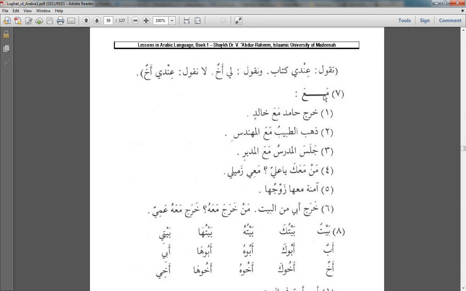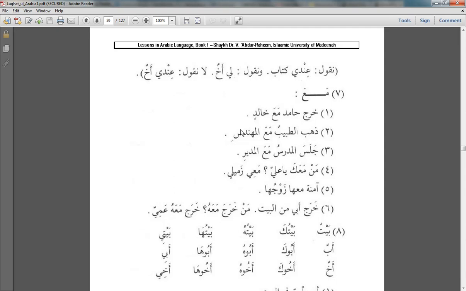The word ma'a is also something that gives a jar to what is after that. So we would use ma'a, and then the noun after that, it takes a kasra. Ma'a means with. خرج حامد مع خالد. Hamid exited with Khalid. ذهب الطبيب مع المهندس.